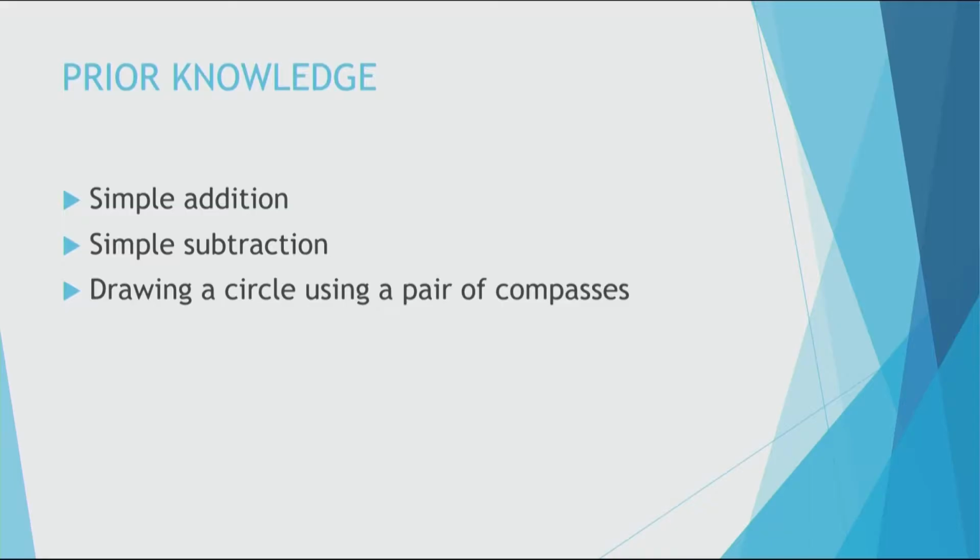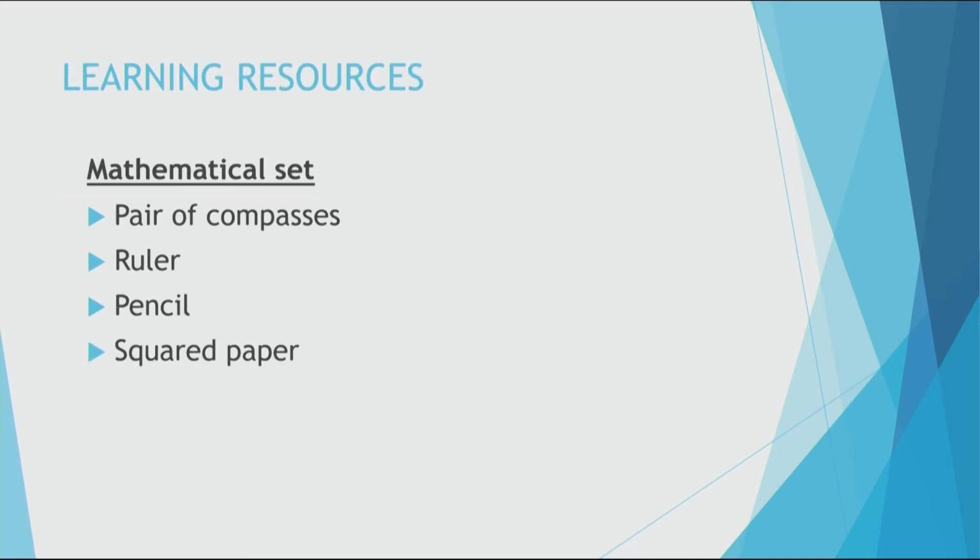Then you also have practiced in the first lesson how to draw circles using different methods. And in this case now, we have to practice using the compass or the pair of compasses.